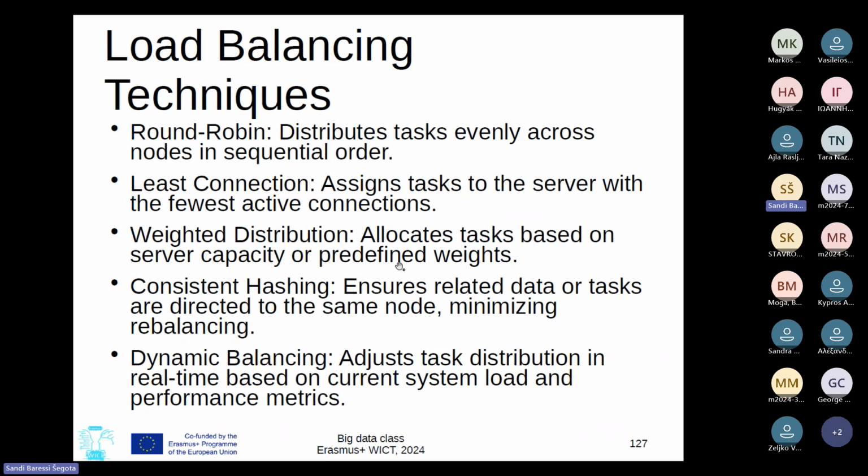You don't have multiple values on multiple servers, so you're not making mistakes and sending stuff to the wrong node, and needing to rebalance because you didn't properly identify the tasks on the server. And finally, dynamic balancing, where you automatically adjust things. You don't do it in advance, or only occasionally, you just do it as it happens. You will move tasks between servers.